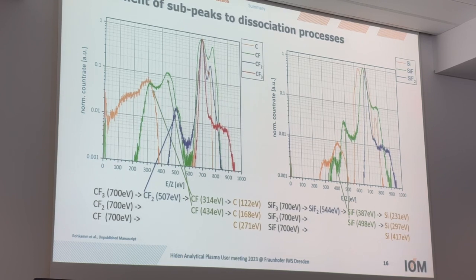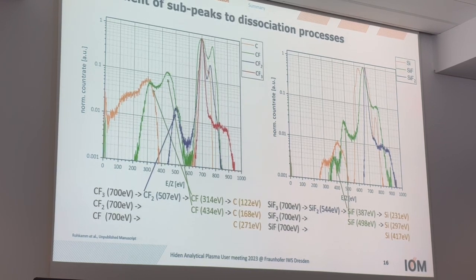So what you see is that when you apply a voltage to your ion beam source, you have to be aware that you do not have a monoenergetic ion beam, but your ion beam consists of several different parts in your ion energy distributions. You also have very slow fragments, very slow ions, which of course have a very different etching behavior in your etching process later on.